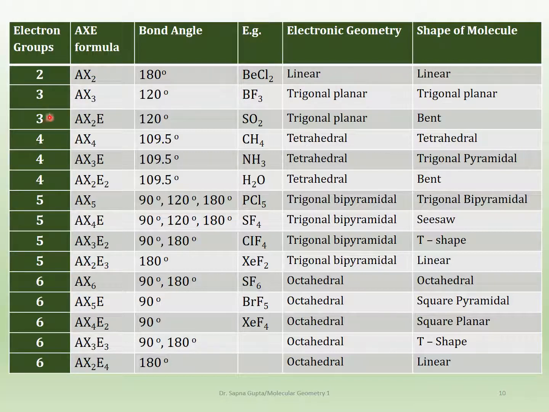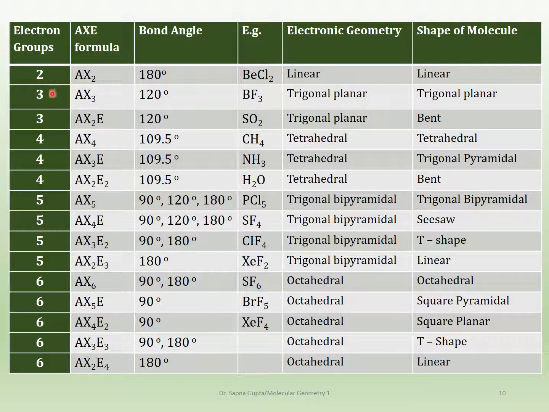If you have three electron groups, there are two AX formulas possible, which means that there are two shapes possible, trigonal planar and bent. And then here are the examples, okay, for these two different shapes. And of course, I urge you to go ahead and draw all these structures and then actually verify that these are the shapes possible. Okay, and then of course, here are the bond angles.